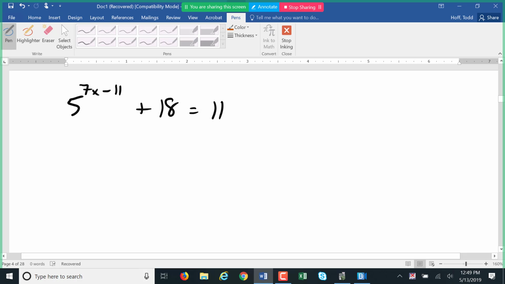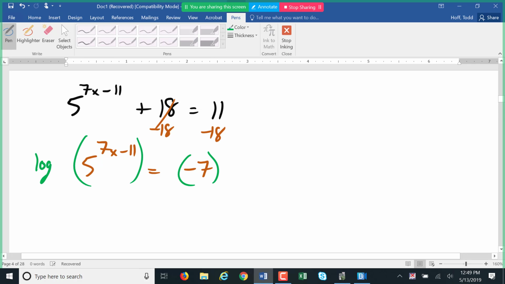What's happening here? There we go. We subtract 18. We have 5 to the 7x minus 11 equals negative 7. What type of log should we do here? A log base 5.